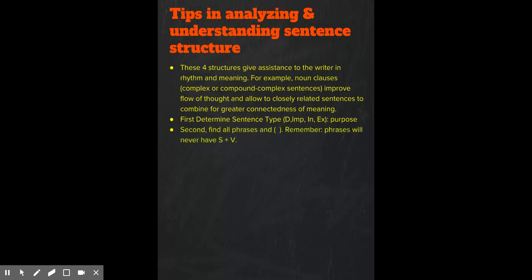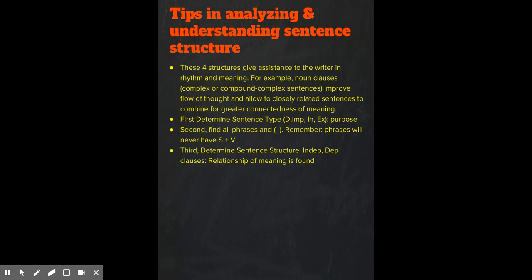Second, then, as I've always said, you're going to find all your phrases. That's just the additional extra information, and you're going to put them in brackets. That'll help clear the waters a little bit on where the core of the sentence is, and if there's more than one independent clause in the sentence. Then you're going to determine the structure.